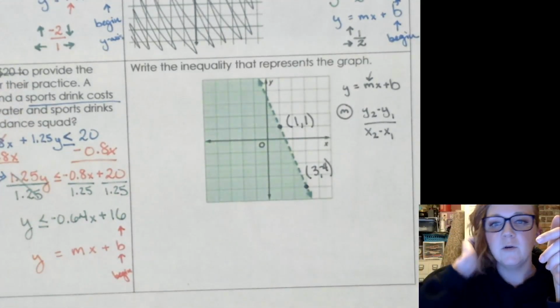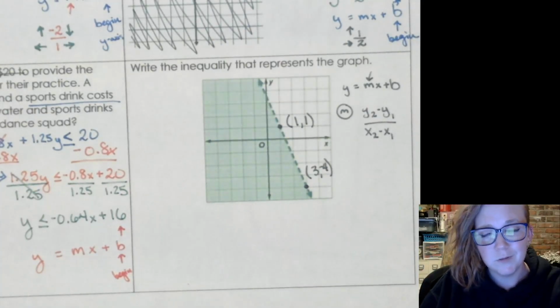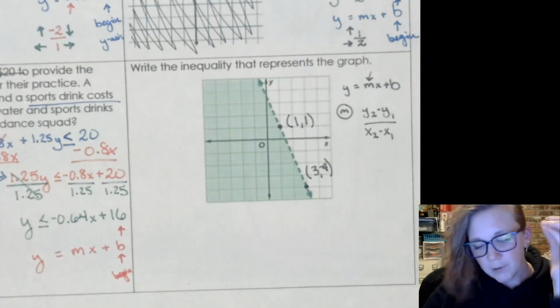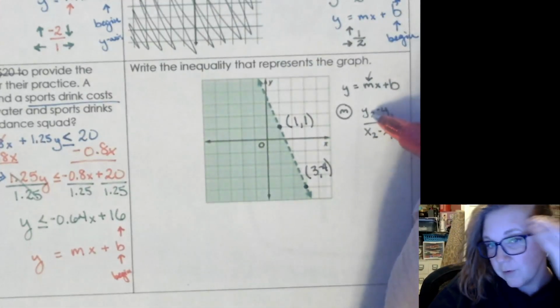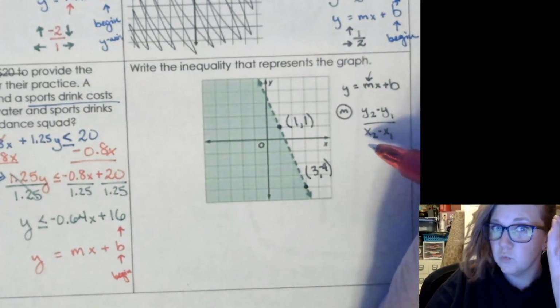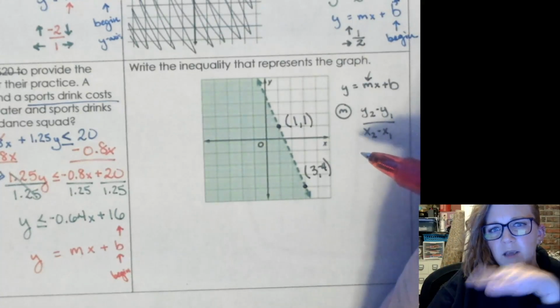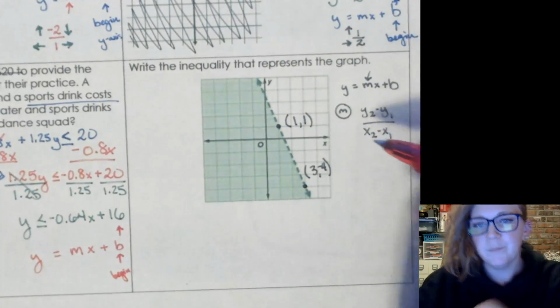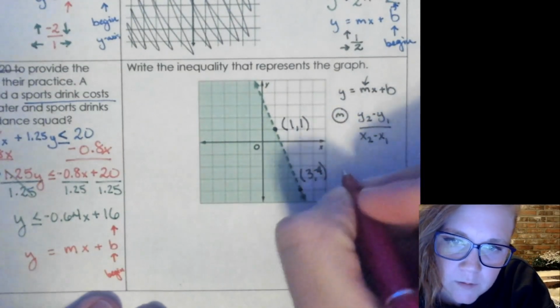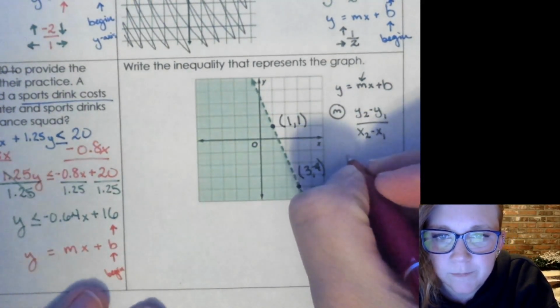In the equation, you don't have to do y2 minus y1. You can do y1 minus y2 and look at this. The only part that matters is if you start with the first one first, you got to do the bottom part with the first one first. Okay? That's the rule. You got to put the numbers from the same coordinate in the same spot.